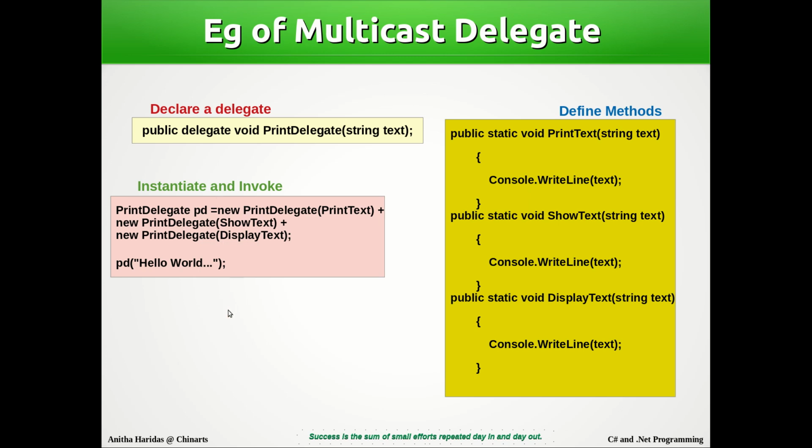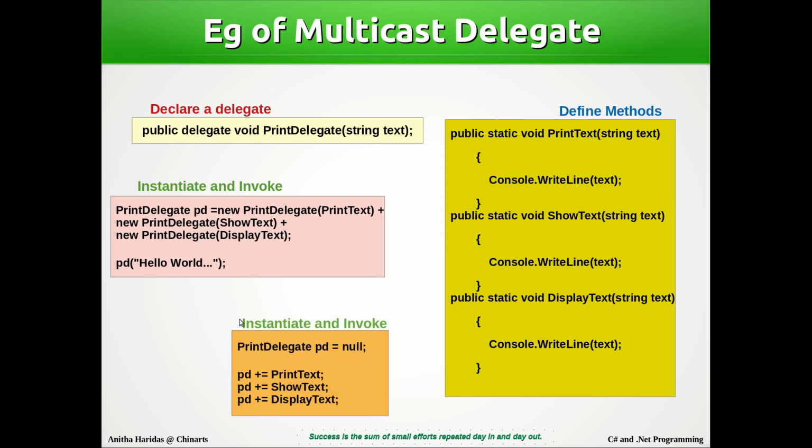Let us see another method of instantiating and invoking a multicast delegate. This method uses the plus equal to operator. I declare a delegate with a null reference initially.